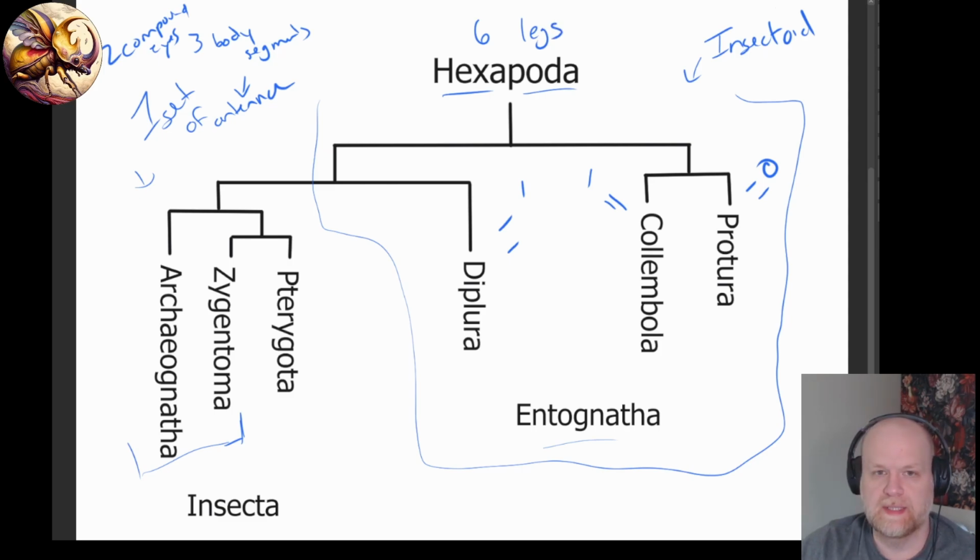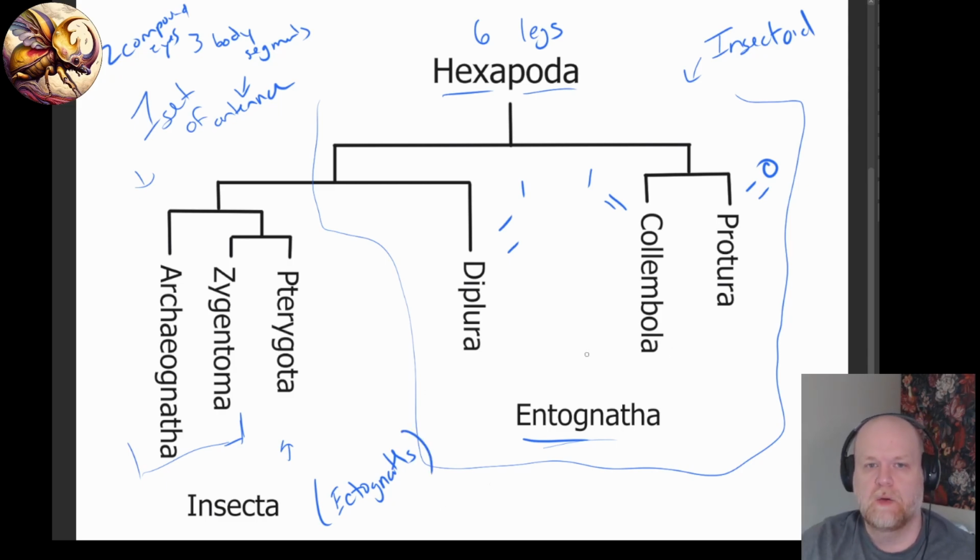Another thing worth considering is, why are these called Entognatha? And sometimes this clade here is called the Ectognatha. This is an old term. The Entognatha, while having very insectoid-like bodies, have a big structural difference in their heads. The Entognatha have internal mouths, hence the name Entognatha.